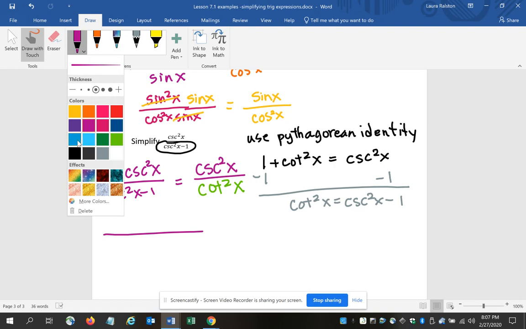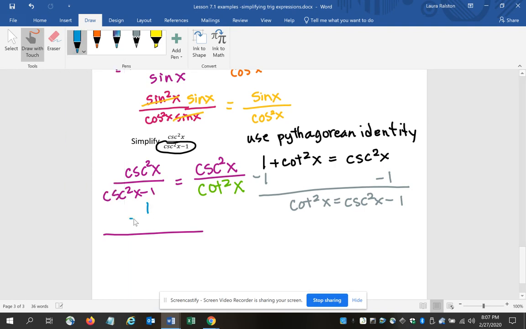Sometimes that's the best way to go. So cosecant squared is 1 over sine squared x. Cotangent squared is cosine squared x over sine squared x. Again, remember that's like a division problem.